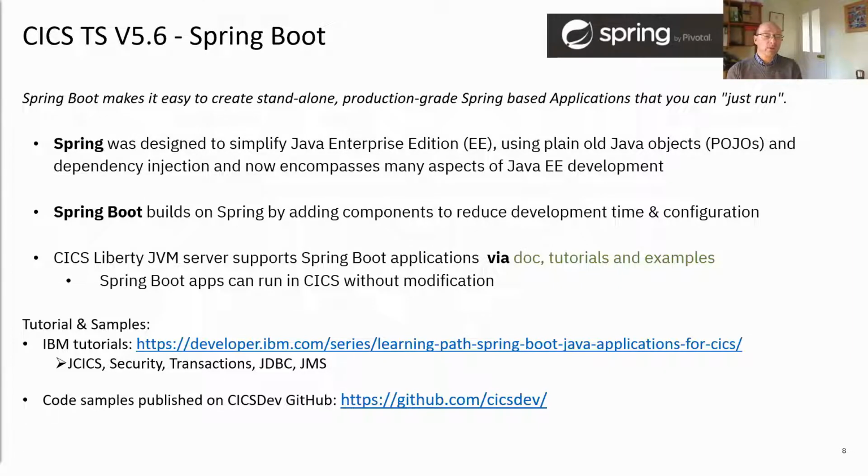Spring Boot builds on Spring Framework by adding components to avoid complex configuration, reduces development time, and provides a simpler startup experience. Now, we support Spring Boot and we support most functions in 5.3 onwards, and we have a rich set of samples and blogs to help you get moving, providing a quick start in CICS.